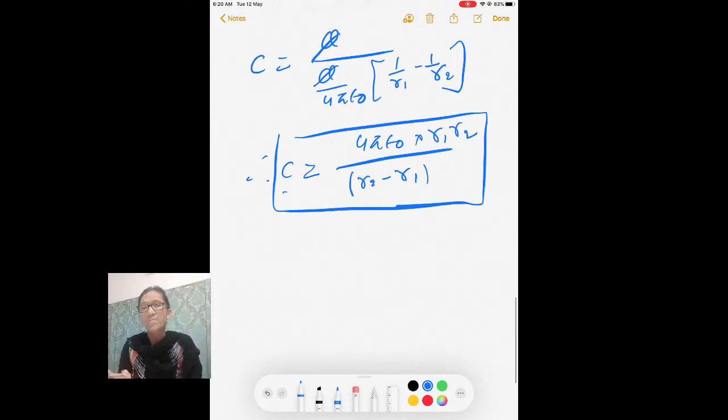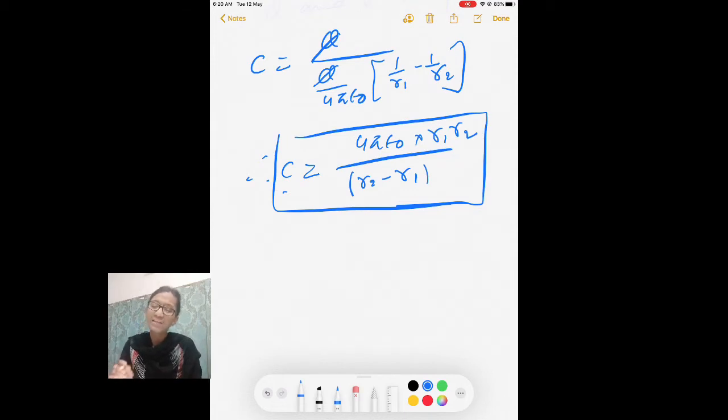Now many a time you will be having a single spherical capacitor like that of Earth. Earth has a single sphere and it has the capacity to hold charges. It has a large magnitude of charge on the surface of Earth.